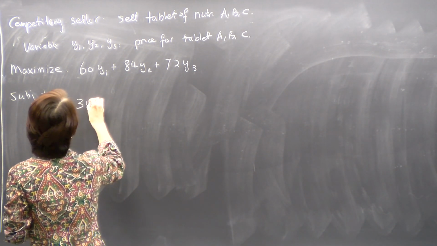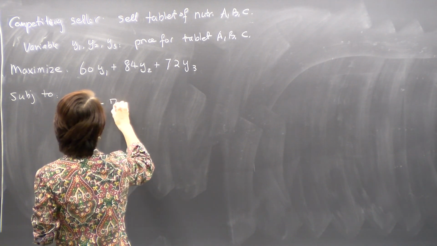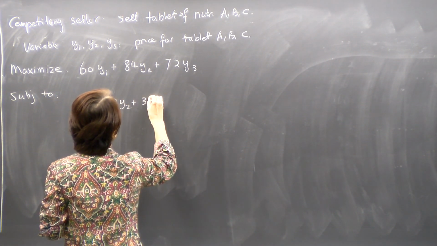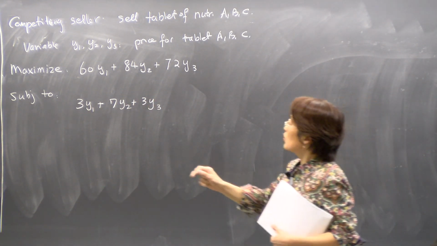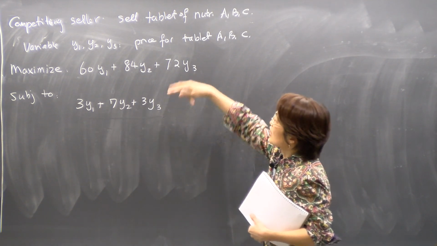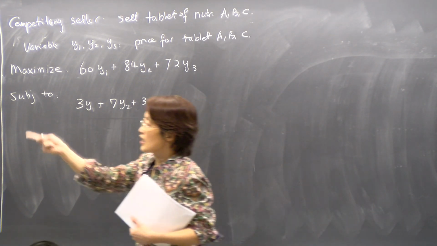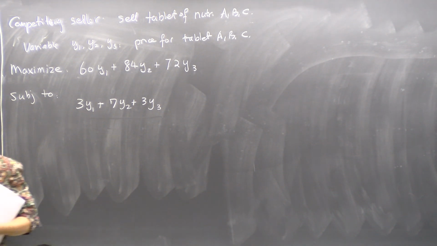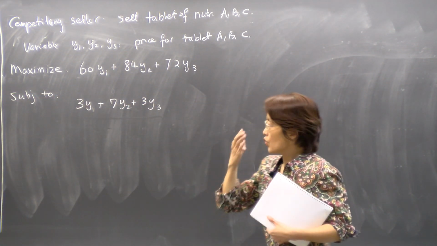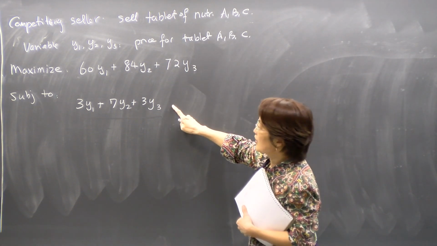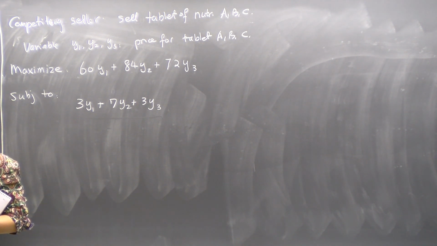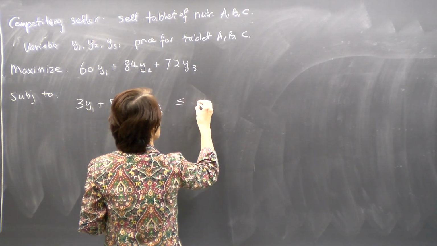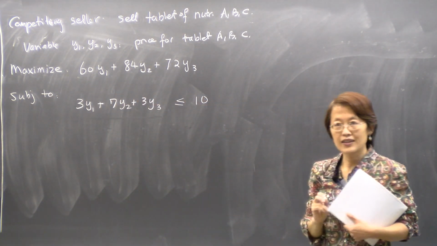That will be 3 y1 plus 7 y2 plus 3 y3 by the pricing. So the farmer would pay that much if he buys the pills instead of feed 1, which contains the same nutrients. For the seller to be competitive, this should not be higher than 10. Otherwise, the farmer will go and buy feed 1. So that shall be less than or equal to 10. Is that clear? That's important.